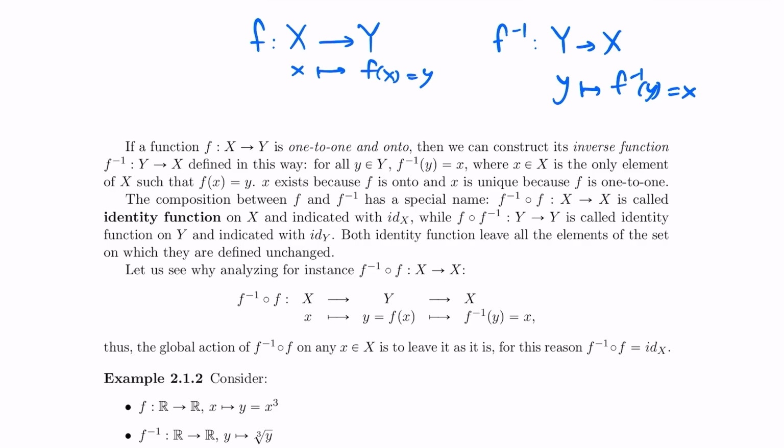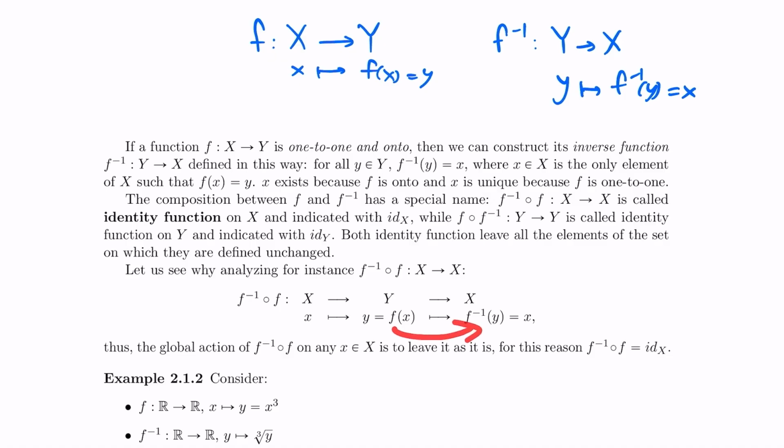Notice that when a function is one-to-one and onto, we can ask ourselves what happens if we compose this function with the inverse. As you can see in this diagram here, first we have to transform x with f, obtaining y equals f of x. Then we have to apply f minus 1.